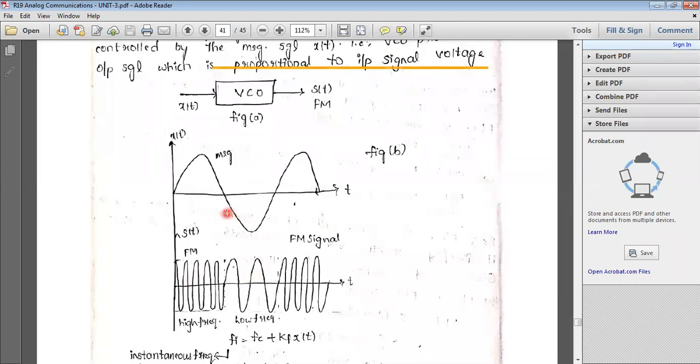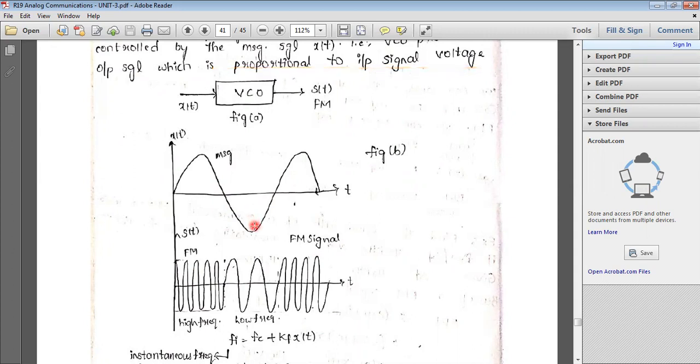So totally we send two frequencies: for positive cycles a high frequency carrier signal and for negative cycles a low frequency carrier signal.